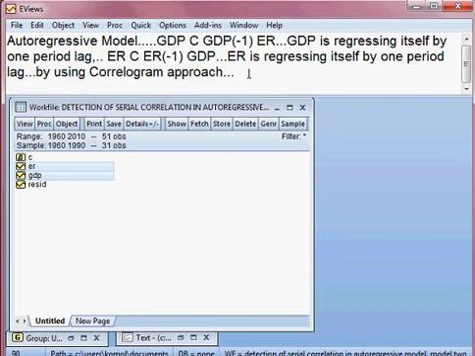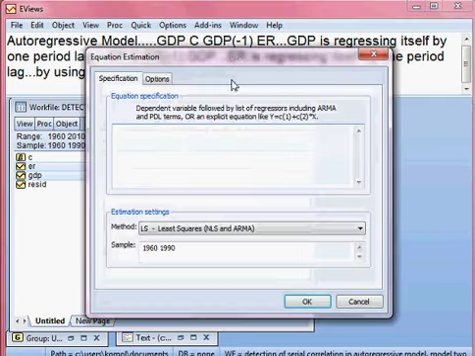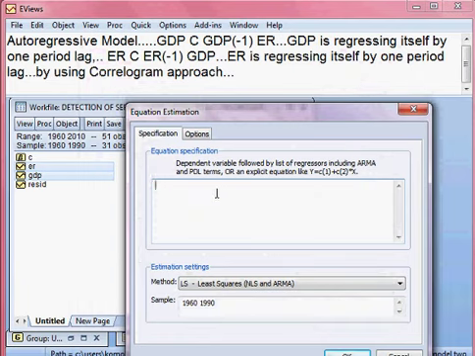Okay, now I develop the autoregressive model. I go to Quick, then Estimate Equation, right? I choose here. Then I write our variables. First is GDP, that is the dependent variable, then constant, then GDP lag 1 and ER.